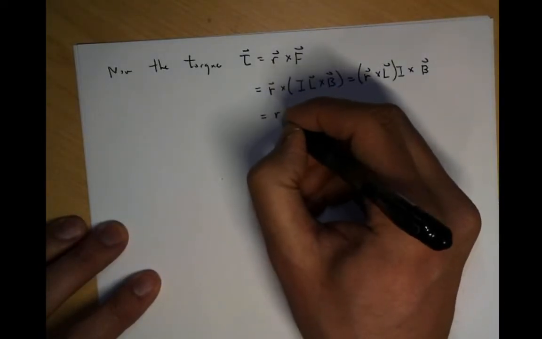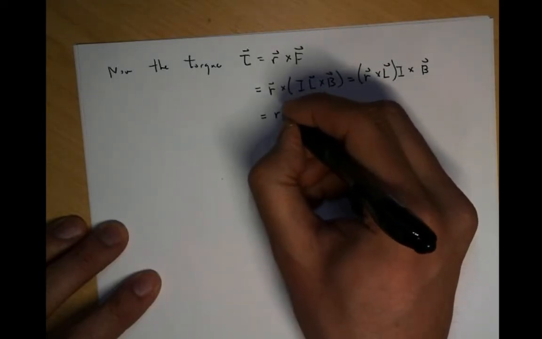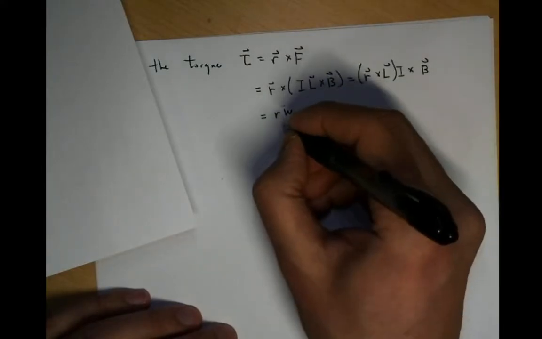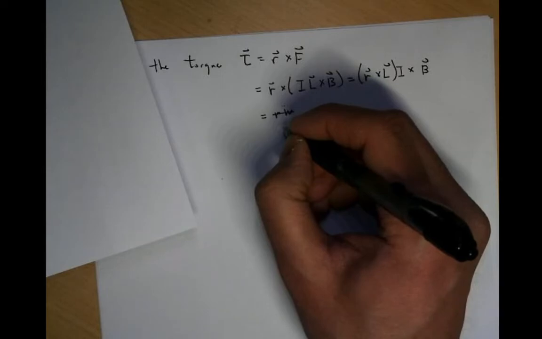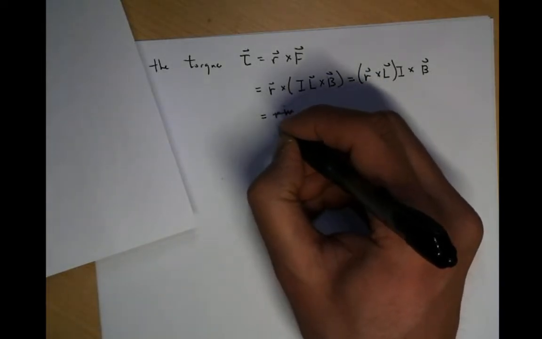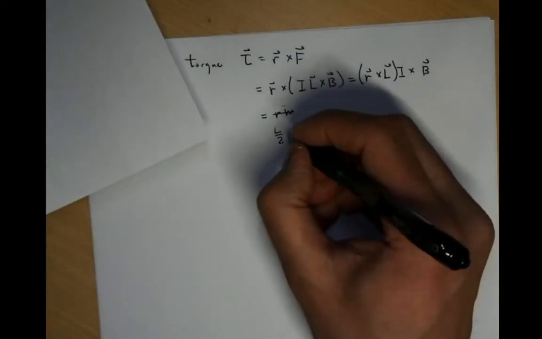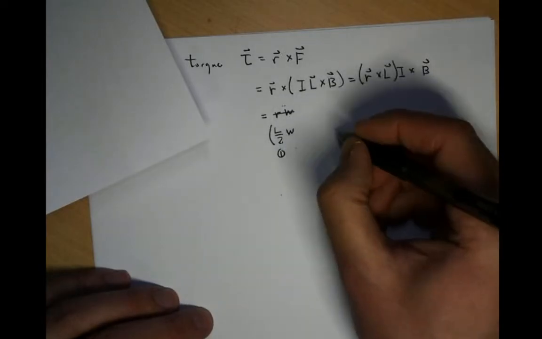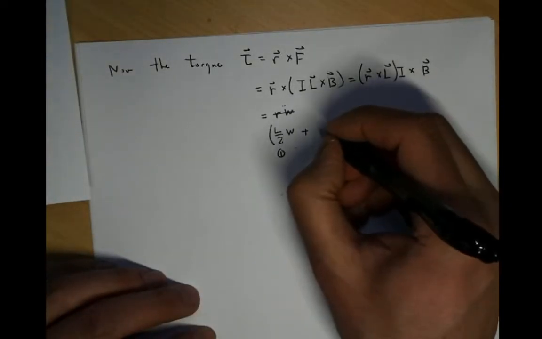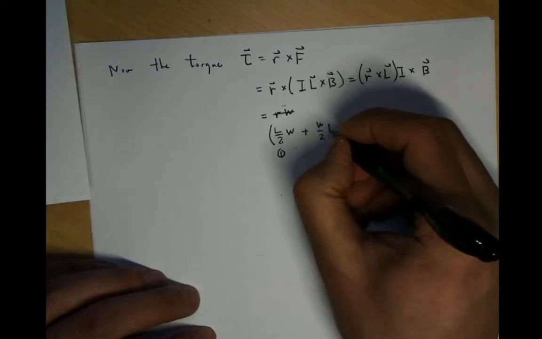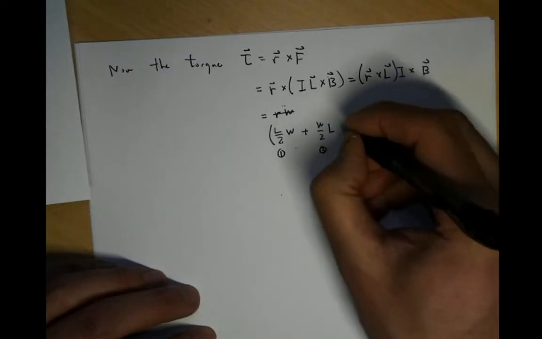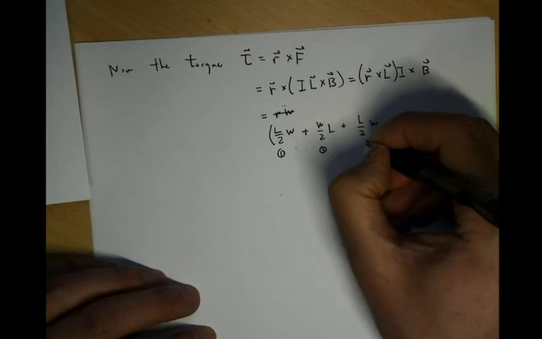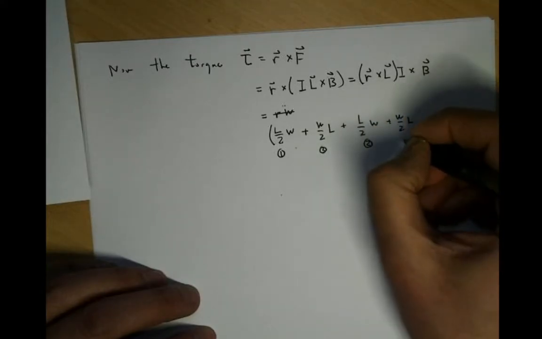R times, let's see, so the length of this one is going to be W. So in fact, it should be L over 2, that's the distance from the center, times W for wire 1, and then the second term is going to be W over 2 times L, this is for the third term, plus now this next term is going to be L over 2 times W for the second wire, plus W over 2 times L for the fourth wire.